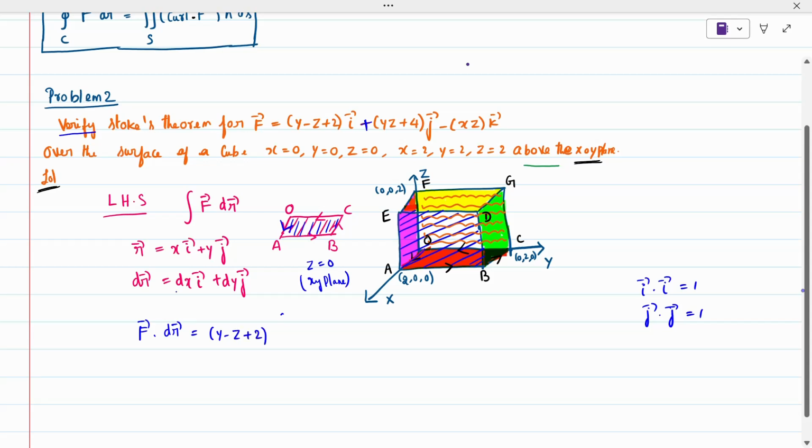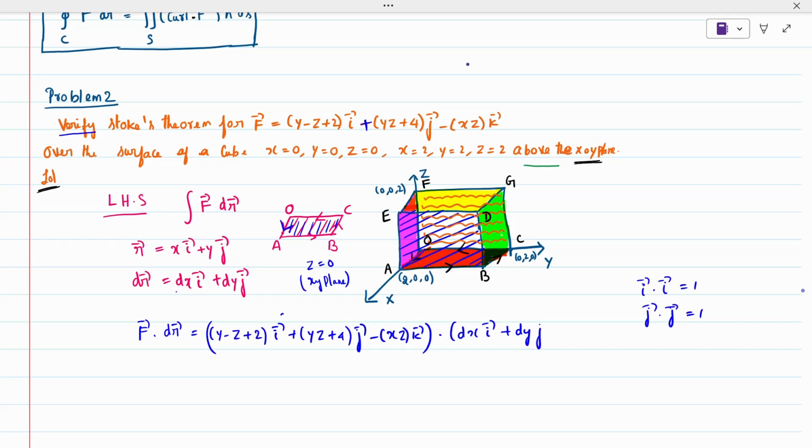Multiply this i vector plus (yz plus 4) j vector minus xz k vector into dr, dx i vector plus dy j vector.